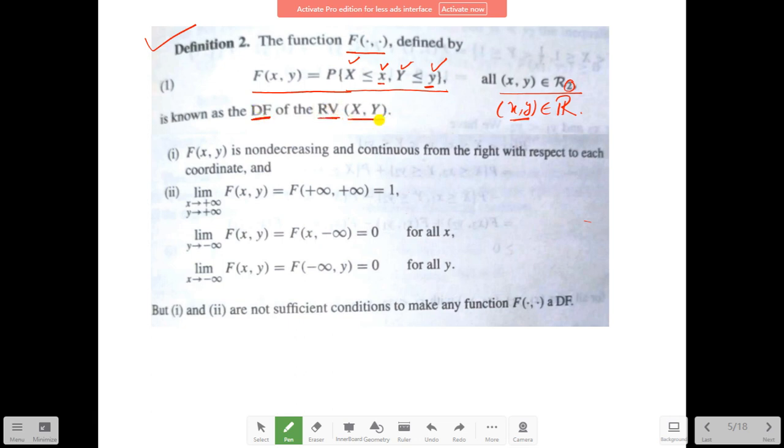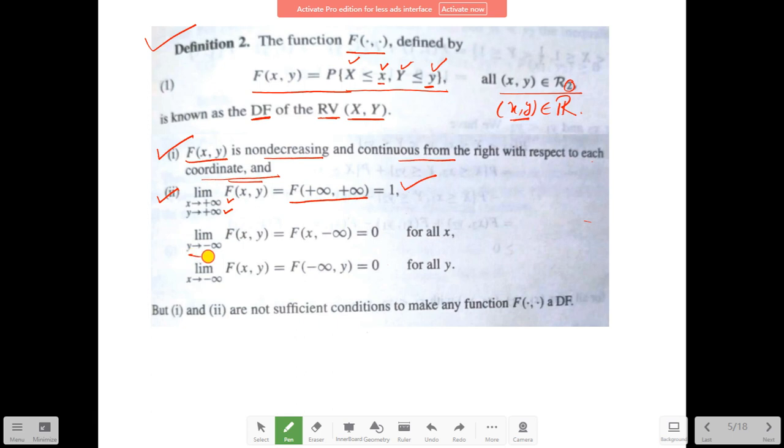So here we have two conditions. The first condition is that capital F(x,y) is non-decreasing and continuous from the right with respect to each coordinate. The second condition: limit x goes to plus infinity, y goes to plus infinity, F(x,y) is equal to F(+∞,+∞) equal to 1.